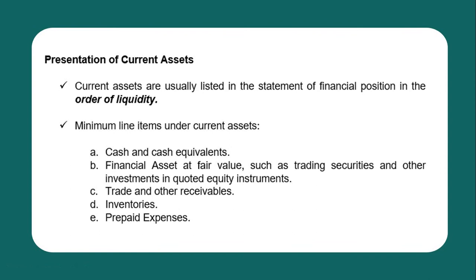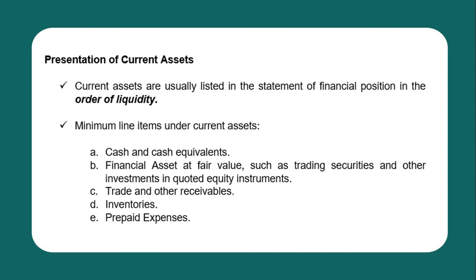These are the accounts or line items that should be reported in the face of the statement of financial position under current assets. Meaning, mga group of accounts, or what we call the minimum line items that will be reported in the face of the statement of financial position under the current assets.